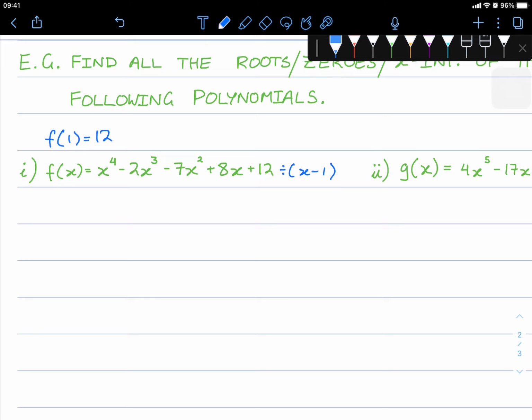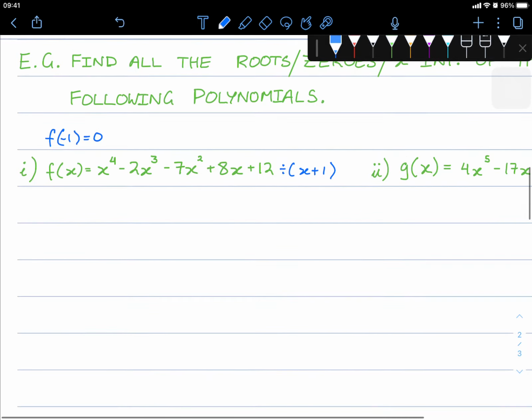Negative 1 to the power of 4, minus 2 times negative 1 cubed, minus 7 times negative 1 squared, and so on, typing it all in, and we get 0. So negative 1 does give me 0. So the first factor we're going to divide by is x plus 1.